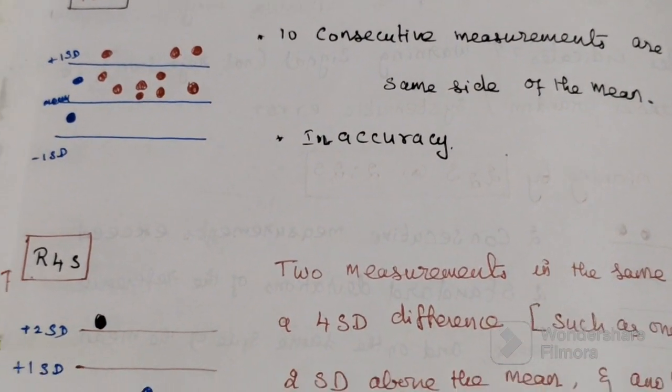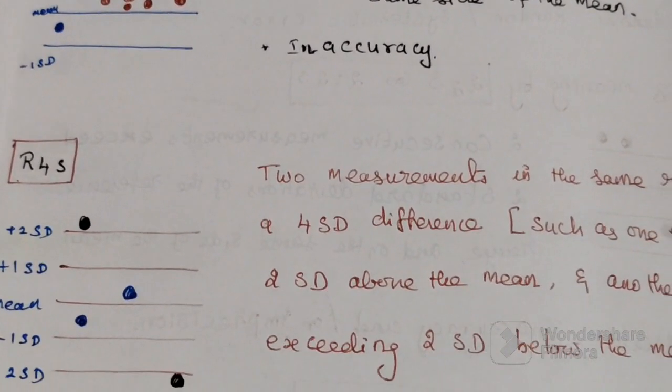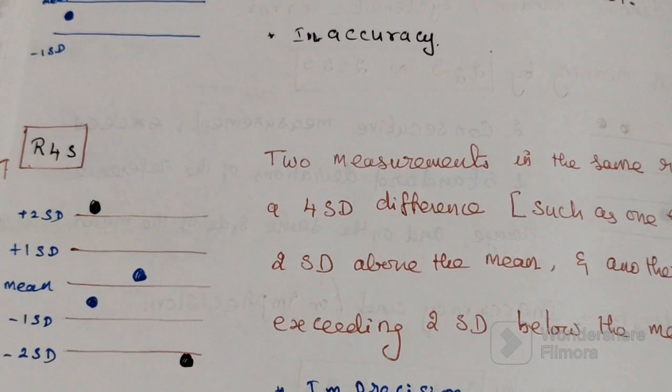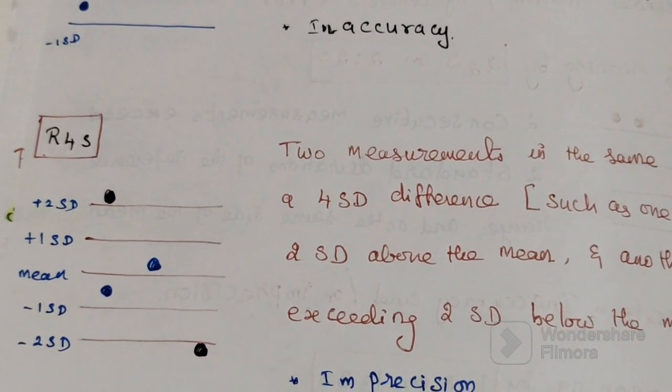Then the last one is the R-4s rule. Here you can see that there are two levels of control.